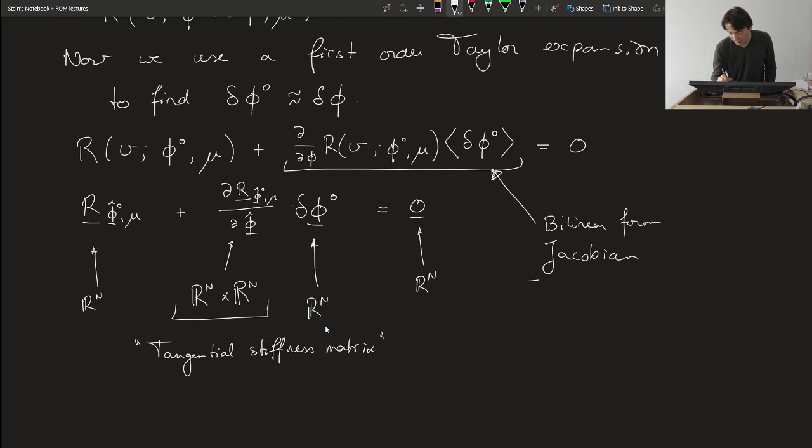This is a bilinear form, which I'll call J, which takes as linear components v and del phi naught at the parameter point mu. Also evaluated at phi naught, and the parameter point mu.